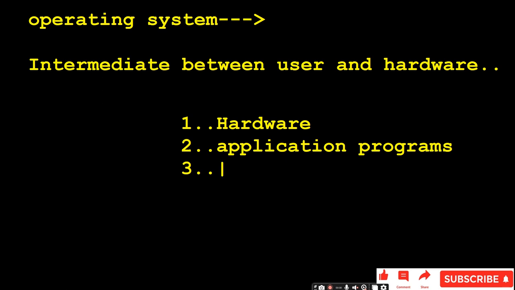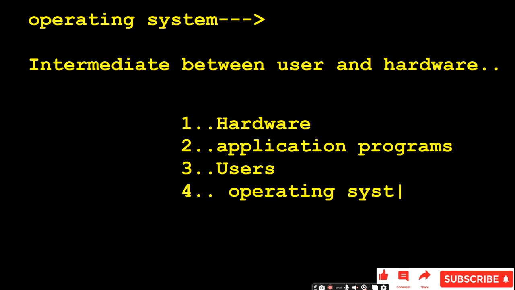Third, users. Finally, the operating system. These are the four parts a computer system generally will have: one is hardware, second is application programs, third is users, fourth is the operating system.